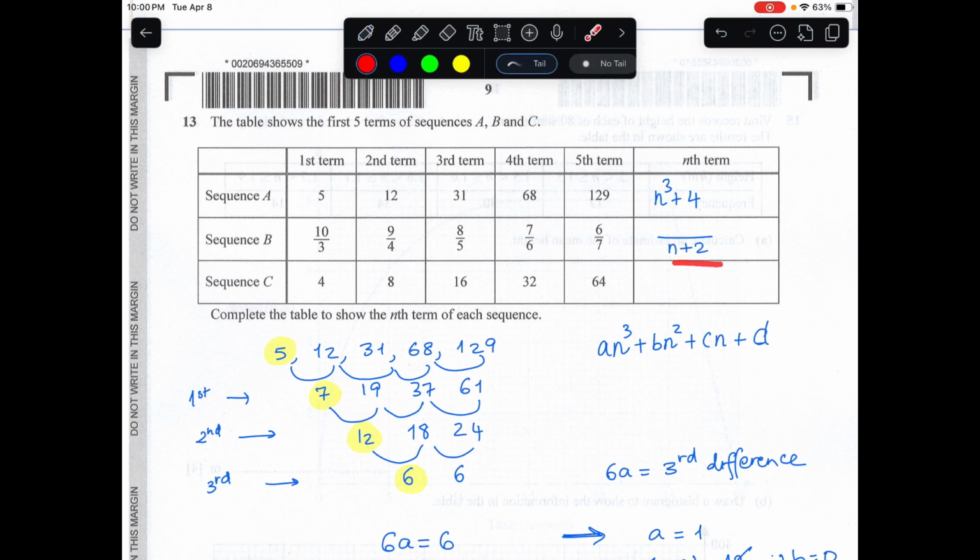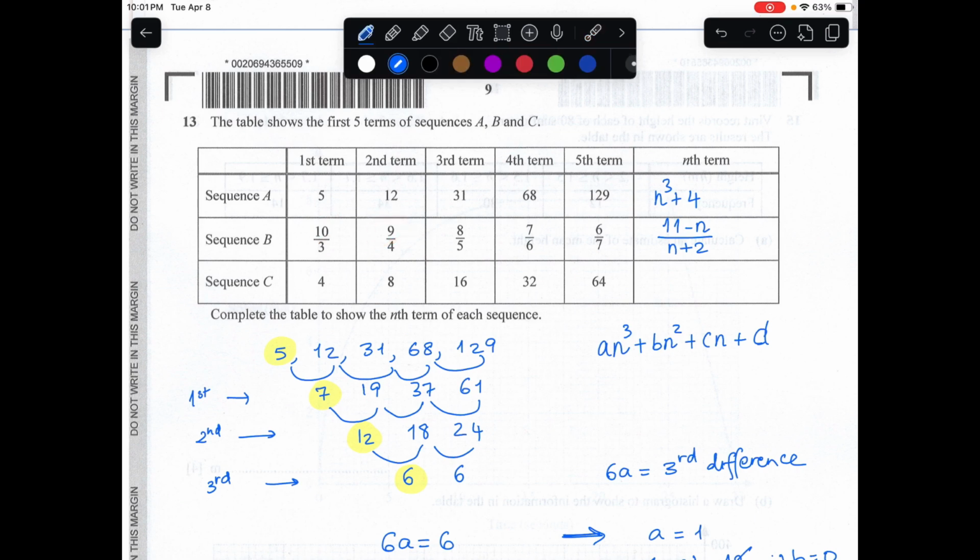So 1 plus 2 gives me 3. 2 plus 2 gives me 4, and so on. So it does work. And in the numerator, it's just reducing by 1. It starts at 10. So can I just simply think of it as 11 minus n, n being 1, 2, 3? So 11 minus 1 gives me 10, 11 minus 2 gives me 9, and so on.